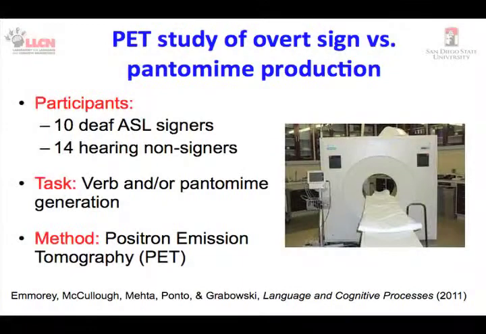Okay. So we conducted a PET study. PET stands for positron emission tomography. Most of you probably are more familiar with fMRI, functional magnetic resonance imaging. They both measure brain function, essentially blood flow within the brain. So when a brain area is active, blood flows to that area.